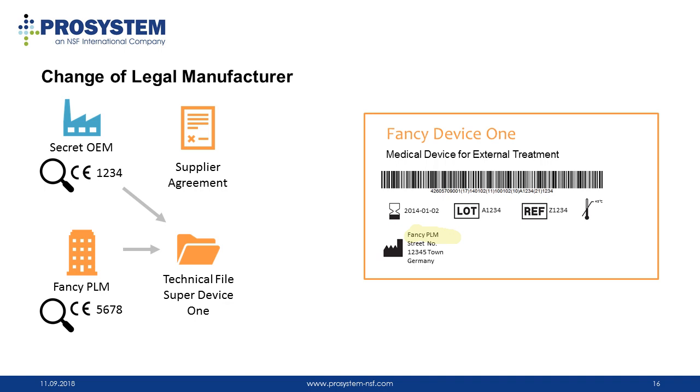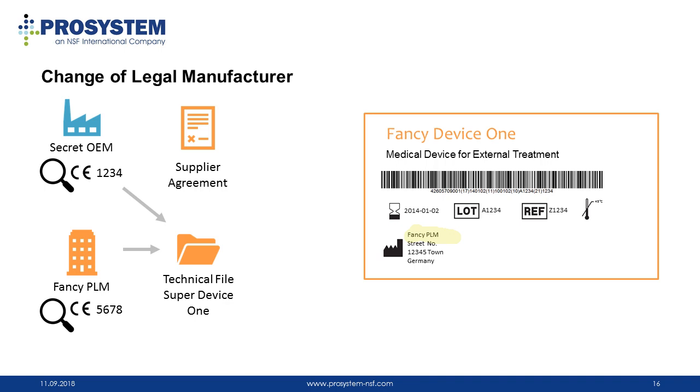The other thing that you have to keep in mind is that the complete design control and change control for these products have to be done in the future by the PLM and not by the OEM anymore. So this is something that can be very technical. You've got the responsibility for the complete design of the product.